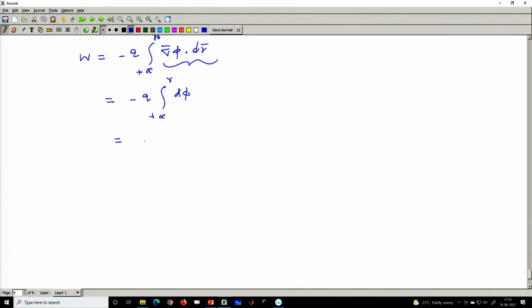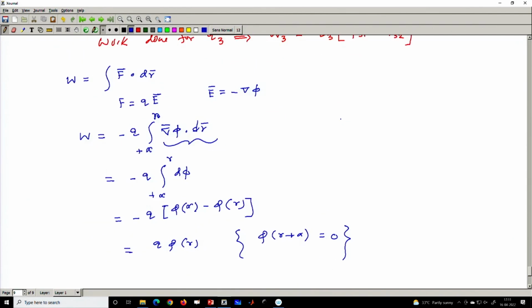So, it is simply minus Q times the potential at infinity minus the potential at r. That quantity is simply Q times the potential at r, because we consider the potential at infinity to be 0. So, that is why the work done is Q times this quantity.